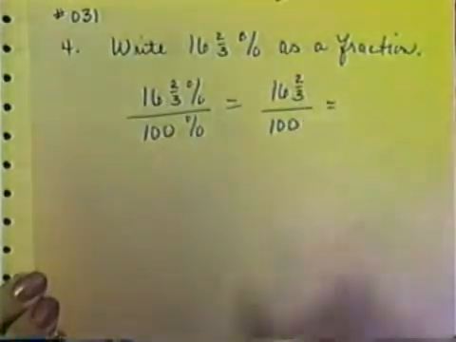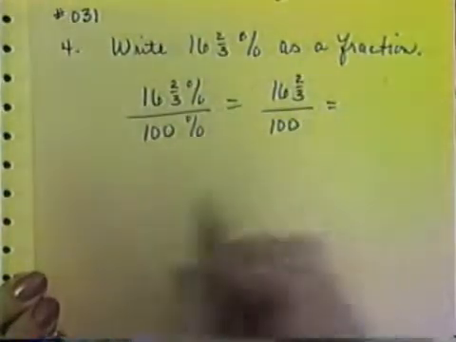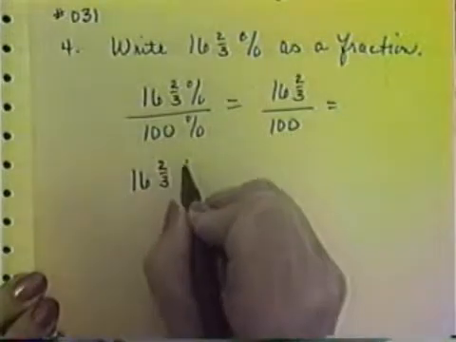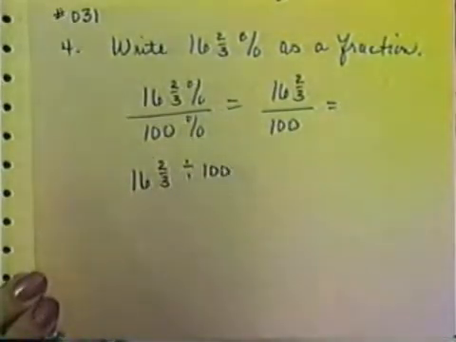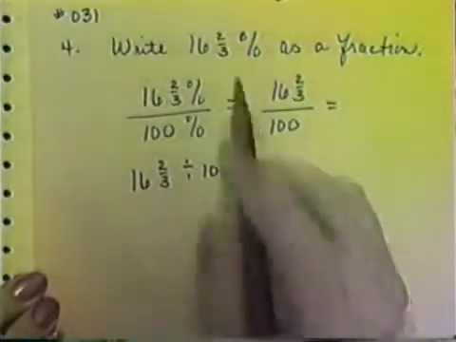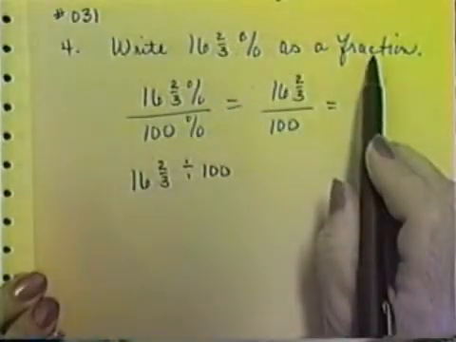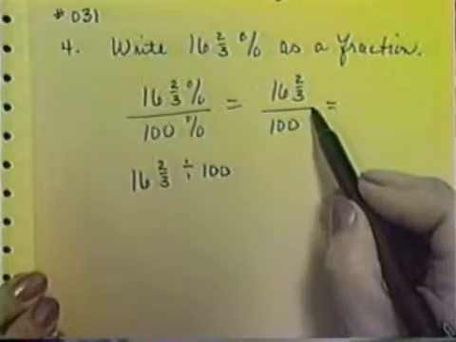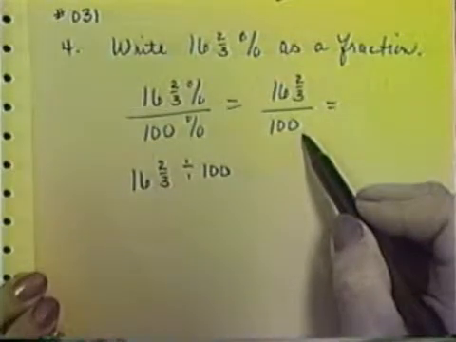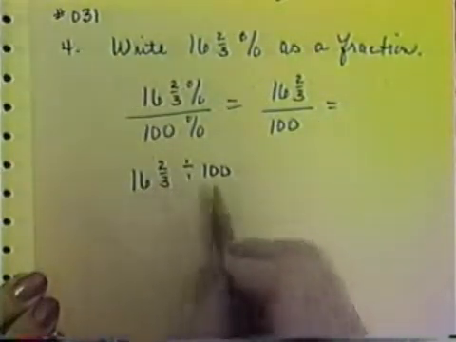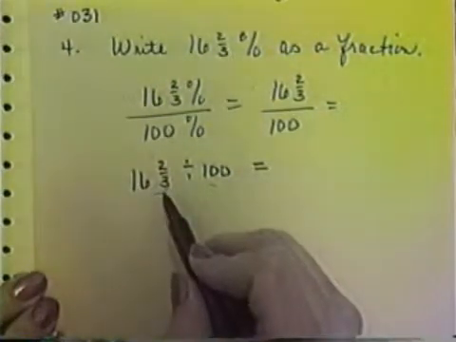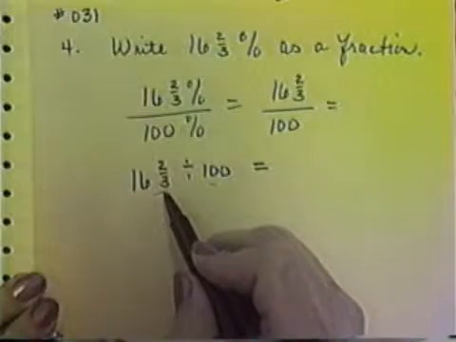Now, how do we divide fractions? To change a percent to a fraction, we divide by 100%, which gives us 16 2/3 divided by 100. But how can we divide fractions? Well, we've got to make 16 2/3 into an improper fraction.